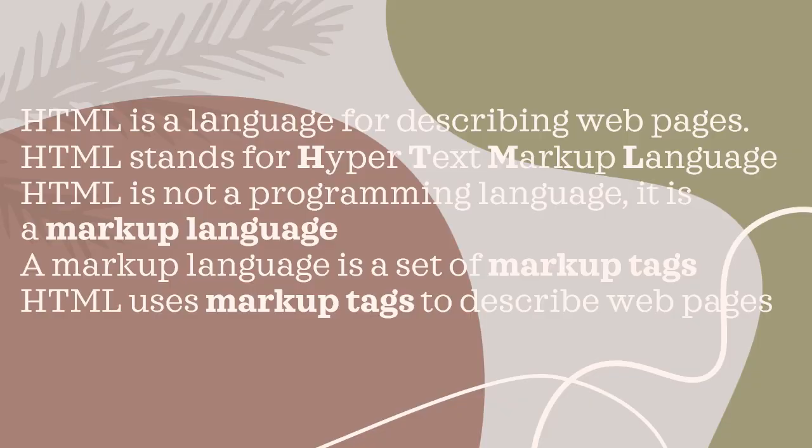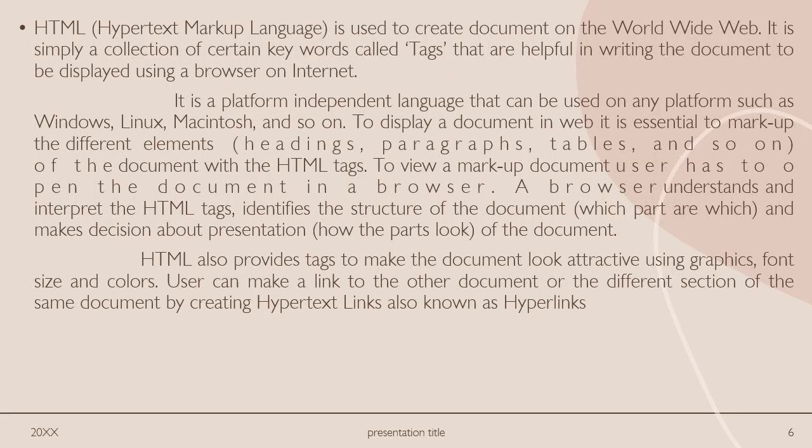Now moving next to the slides. HTML is used to create documents on the World Wide Web. It is simply a collection of certain keywords called tags that are helpful in writing the document to be displayed using a browser on the internet. It is a platform-independent language that can be used on any platform such as Windows, Linux, and so on.